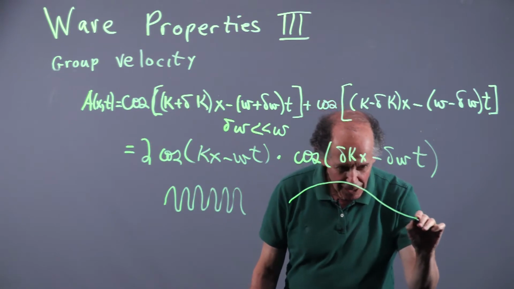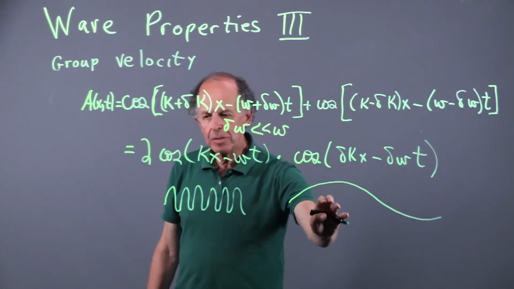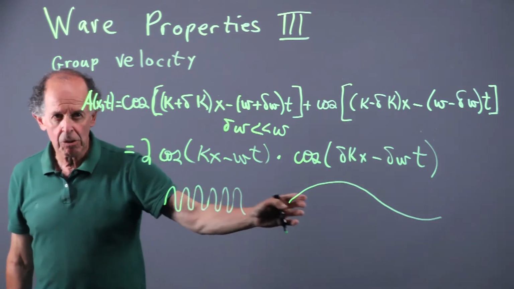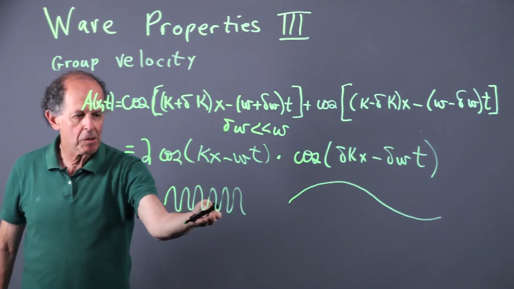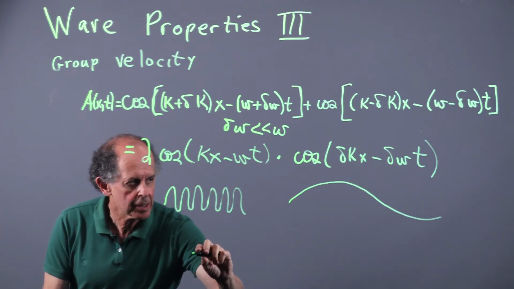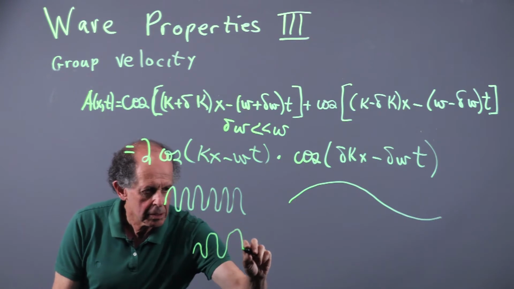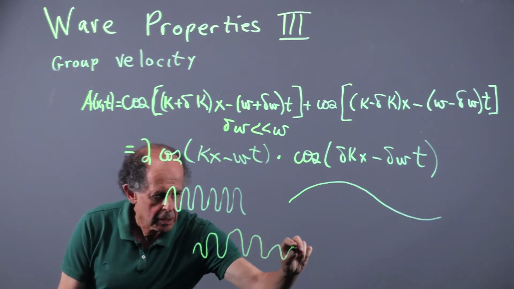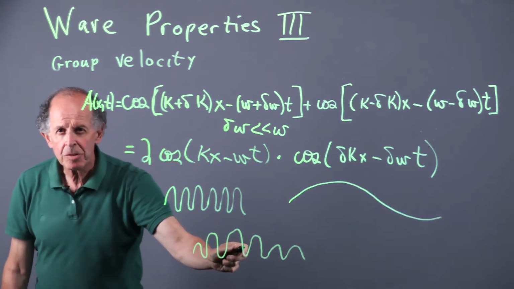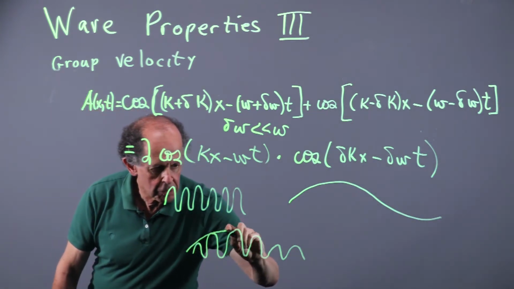frequency. If we multiply the two together, this will sit as an envelope, kind of a package over top of this, and the wave will look something like this. So we have a high frequency wave that's amplitude modulated by a low frequency wave.